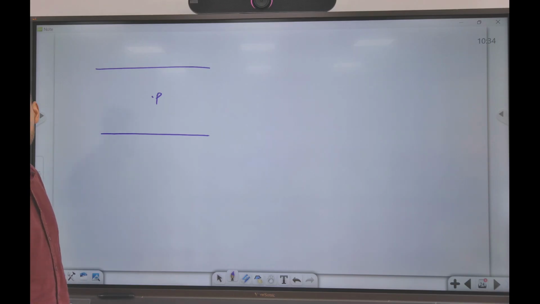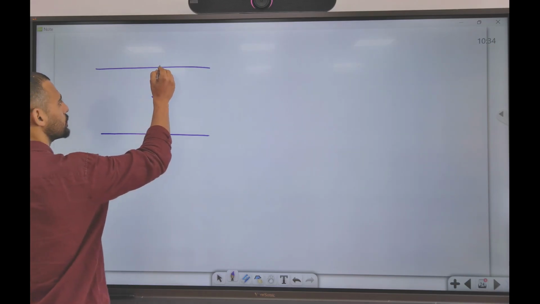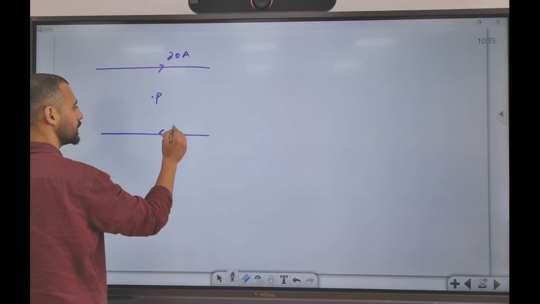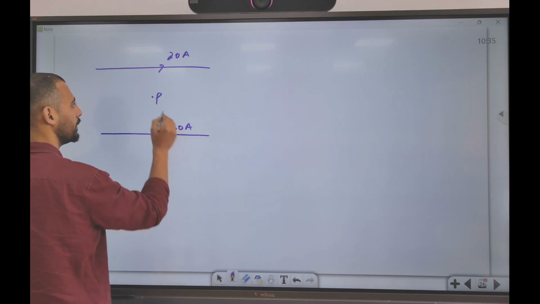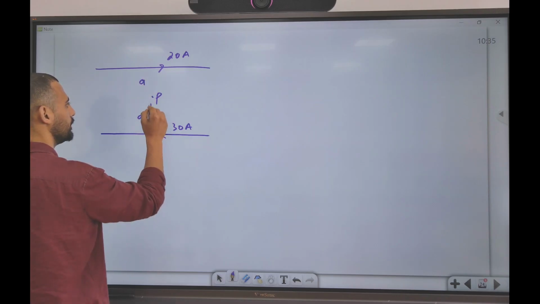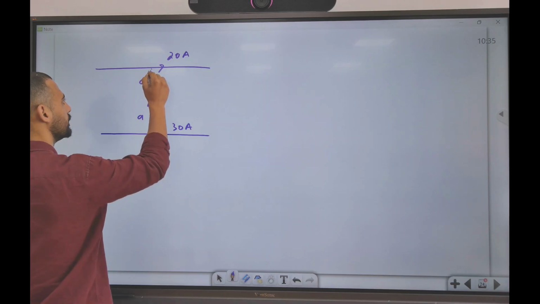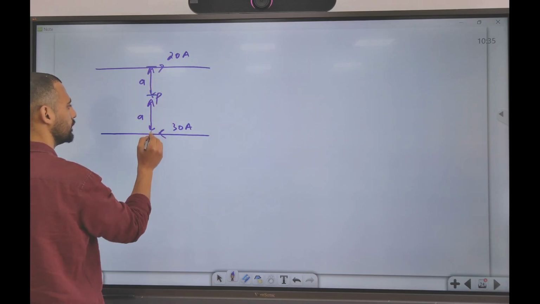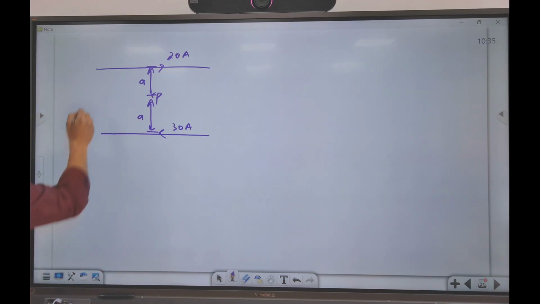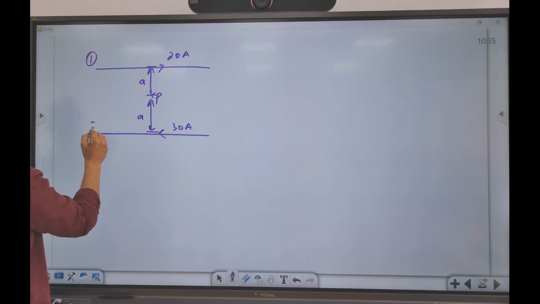What is the magnitude and the direction? So 20 ampere here, 30 ampere here. This is A, this is also A. Come on, tell me, how do you evaluate this question?